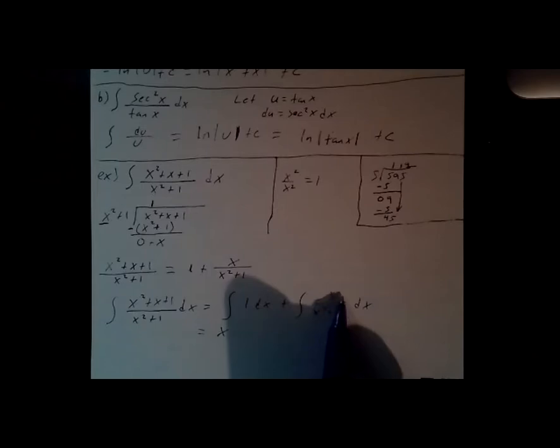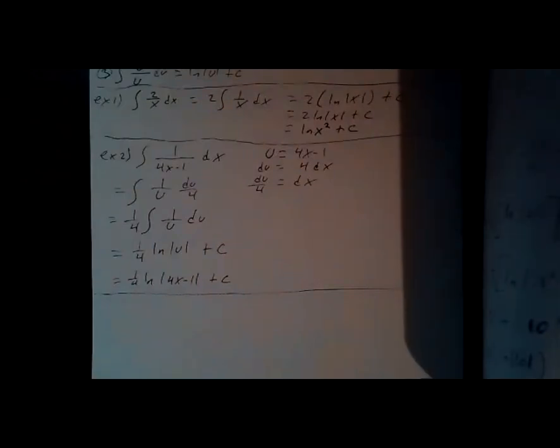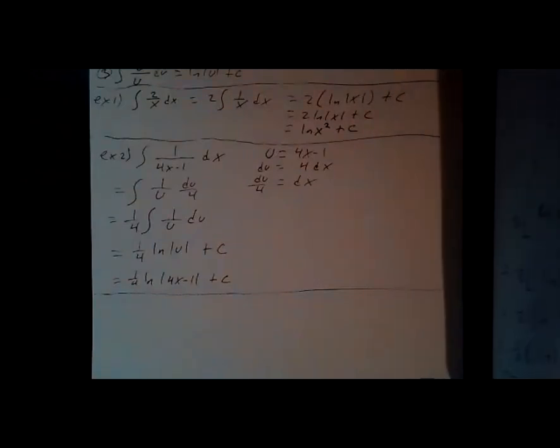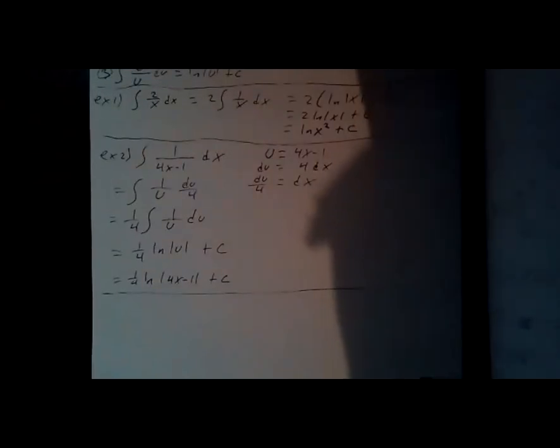This guy will require u sub, although we did that earlier. Remember? On example 3, it's the exact same question. So I'm just going to copy paste because who cares? We got 1/2 ln x squared plus 1.